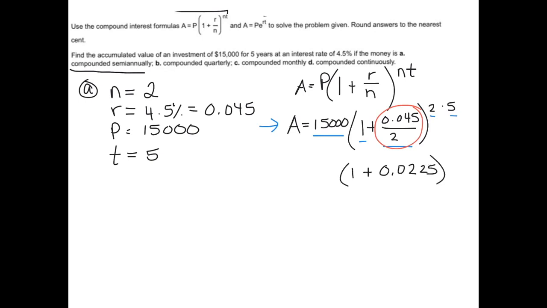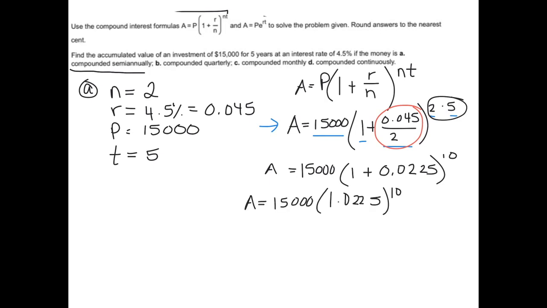And then we're going to multiply the exponents together, and 2 times 5 is 10. Now we have A equals 15,000 times (1 plus 0.0225) raised to the 10th power.